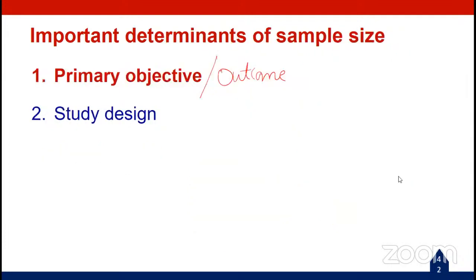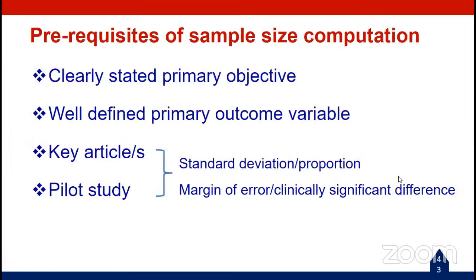So as I already mentioned, important determinants of sample size are the primary objective and nature of the primary outcome variable. Prerequisites of the sample size computation. So before stepping in to compute the sample size, what are the preparations to be made from your side? One is your primary objective should be well defined.